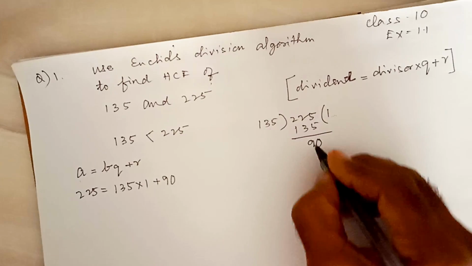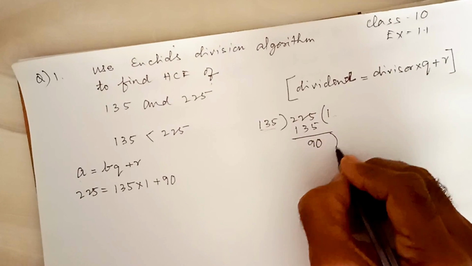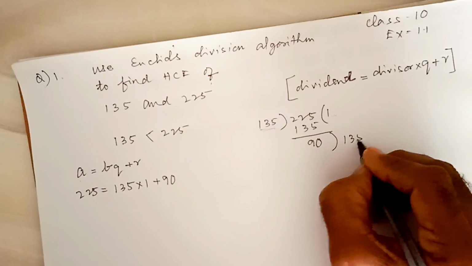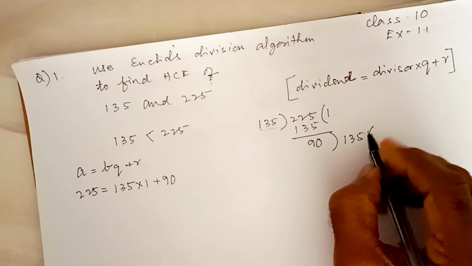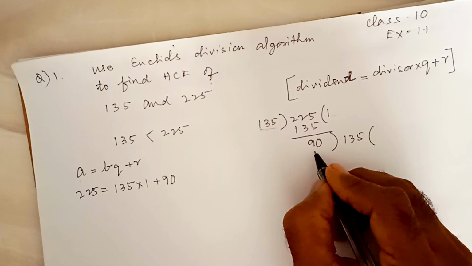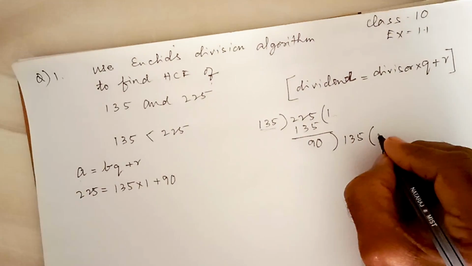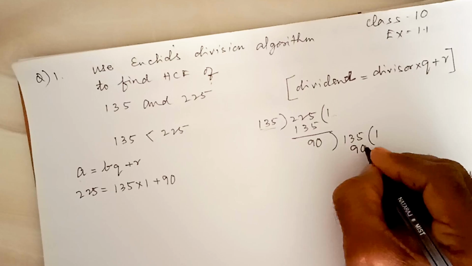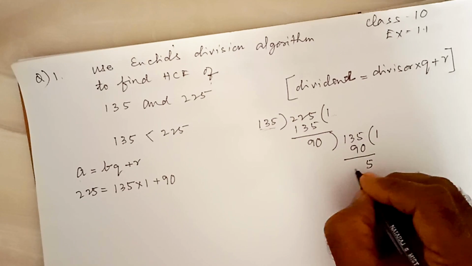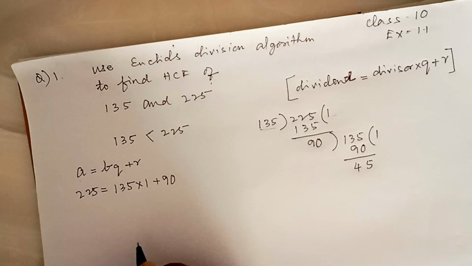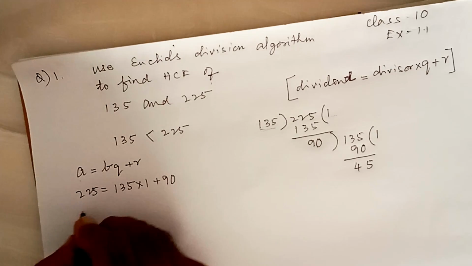Next step is we make this divisor the dividend and we divide 135 by 90, which was the remainder in the first case. Now this goes one time and the remainder is 45. 135 minus 90 is 45. Now in the second step we write in the Euclid's division algorithm method.